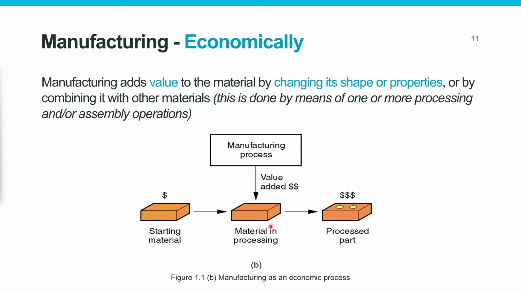Now we do some sort of manufacturing process on it, which of course adds some cost, but then it adds much more value to it. A processed part or product, let's say furniture, costs way more than the starting block of material that you use, which is basically wood.